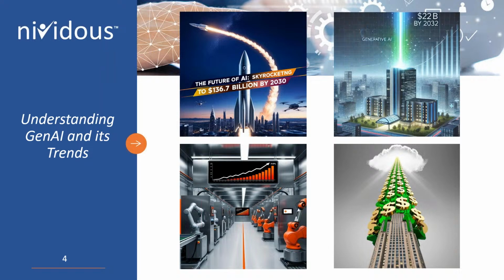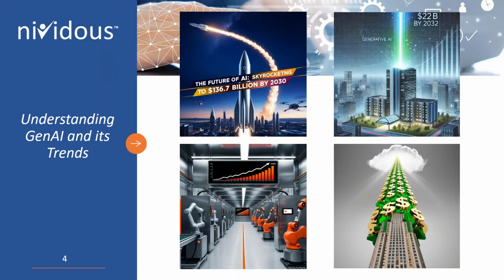But first, we're going to go through some focus on generative AI as a category. I would say that if you think of global generative AI as a market, right now in 2024, that market is $20.9 billion, but they're expecting by 2030 that global market will be 136.7 billion.